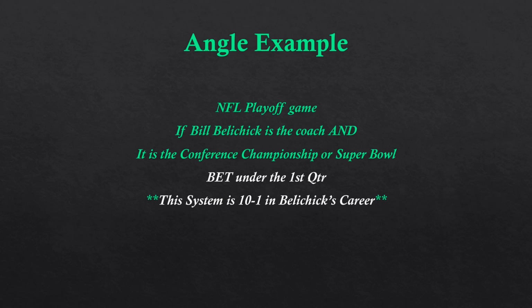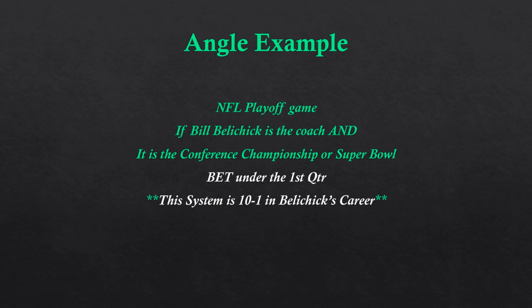So here's an example of a setup for a coach-specific angle. In an NFL playoff game, if Bill Belichick is the coach and it is the conference championship or Super Bowl, bet the under in the first quarter. This system is 10-1 in Belichick's whole coaching career.